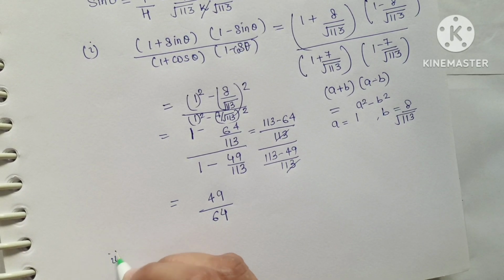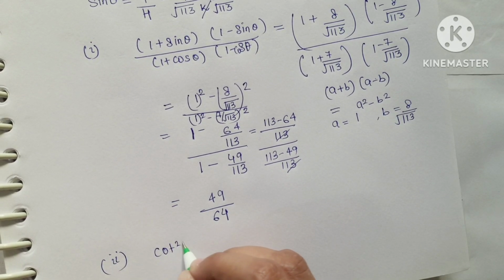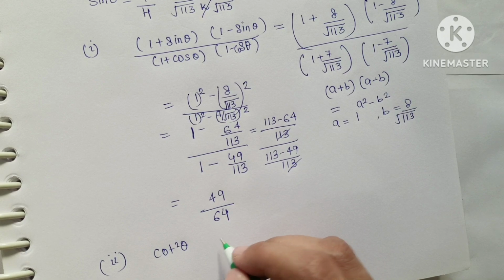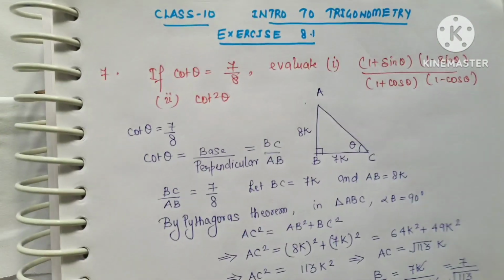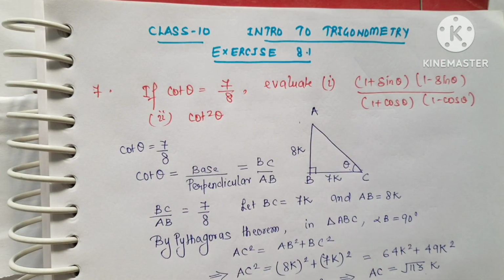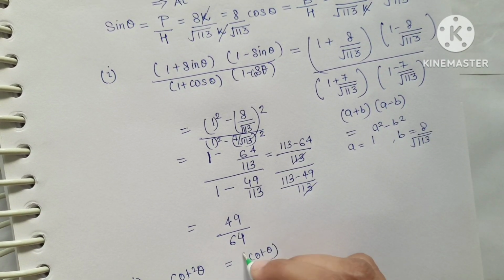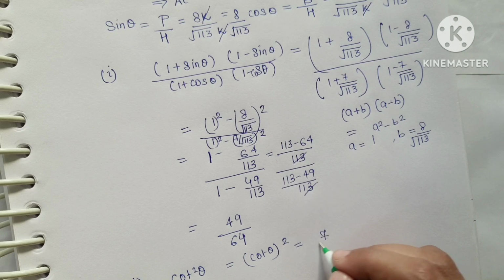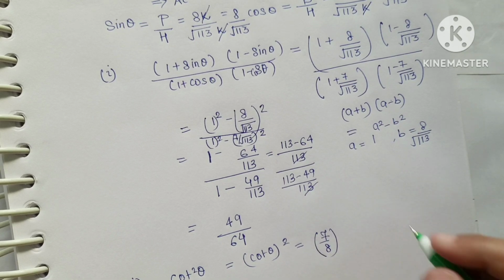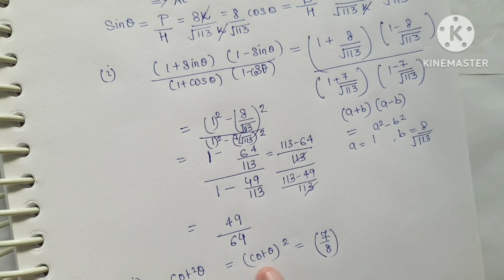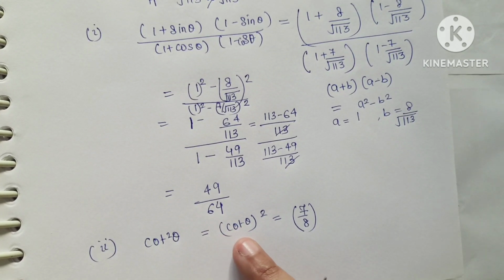Next we are going to talk about cot square theta. This is the second part. It is very easy, because here we have already cot theta. If you just take the square of cot theta, you are going to get the value of cot square theta, because cot square theta is nothing but the whole square of cot theta.